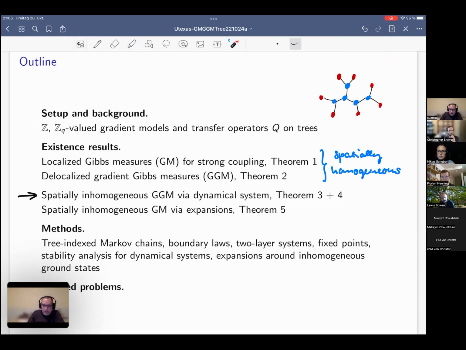I will then come to the point which I was asked by Chris to talk about mainly, namely spatially inhomogeneous gradient Gibbs measures, and there's also some relation with a dynamical system which I would like to describe. This is relatively new.